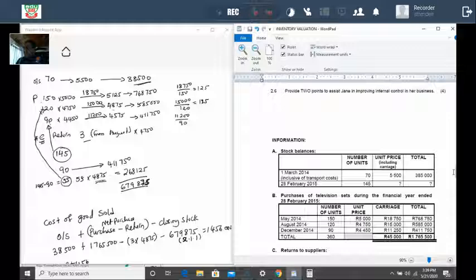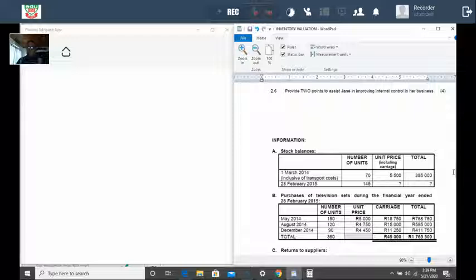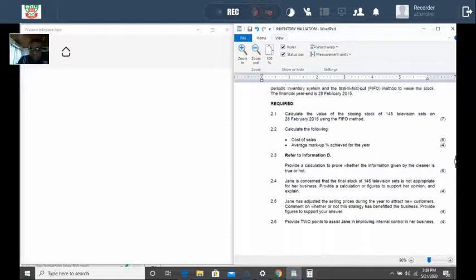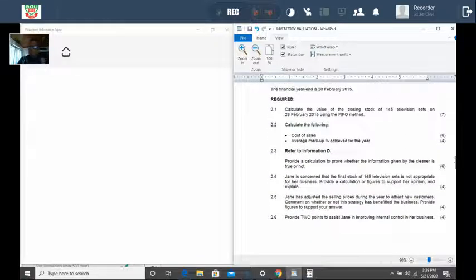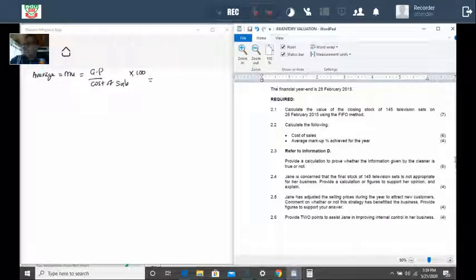Now we go to the next. The next is calculate the average markup. Average markup. Markup is gross profit over cost of sales, as a percentage per year. So how do we get our gross profit?